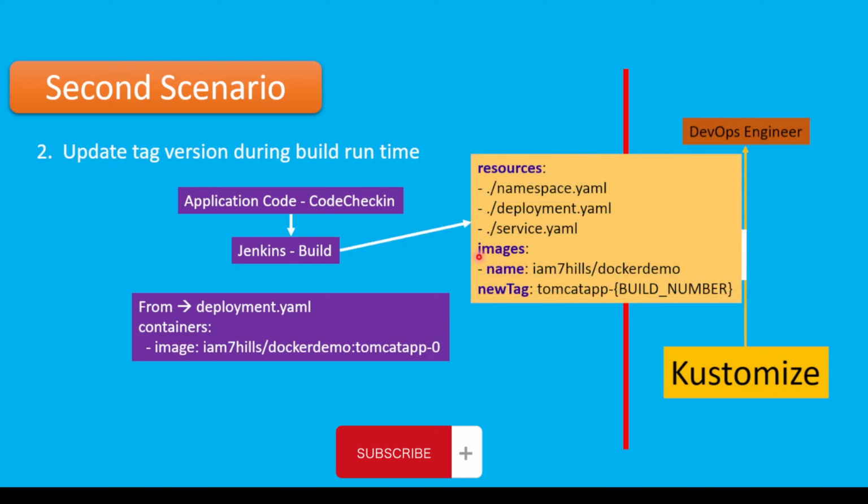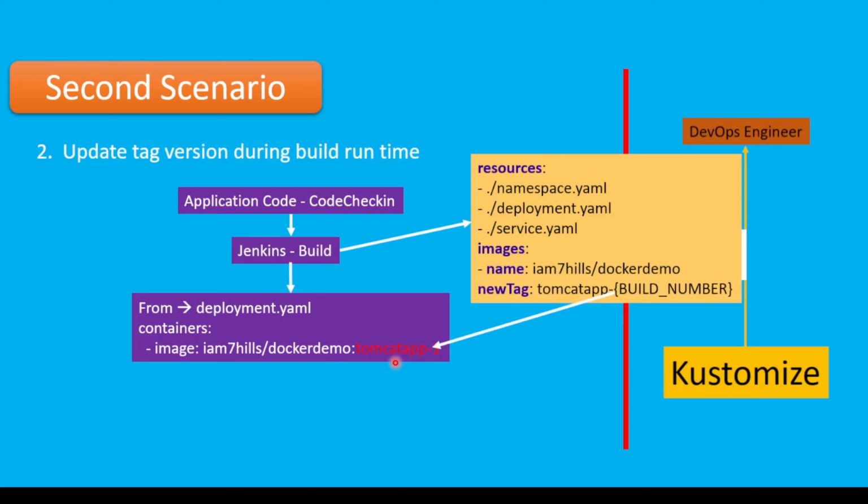So I just added images, name. This is my Docker account and my repository. And here I'm telling that whenever the new Jenkins build number gets updated, this environment variable will get replaced with the new build number. Let us say if my new build number is 1, that 1 will be applied to the manifest file.